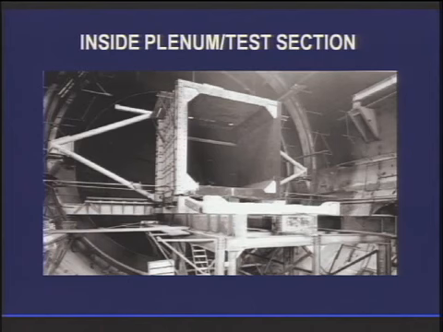It also had another benefit. You're going from a circular entrance cone through a square test section out to a circular diffuser. Well, these cropped corners made the test section less square, so it helped a little bit in the transition of the flow through the test section.